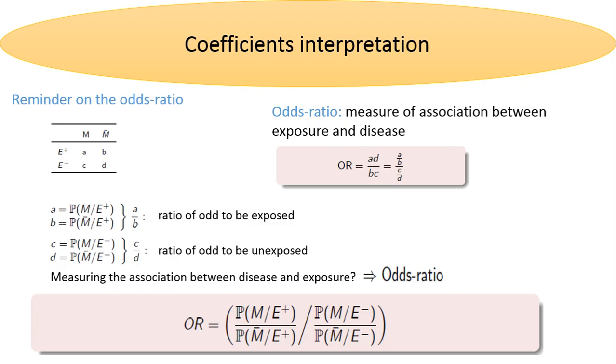The odds of exposed is the ratio between the probability of exposed persons that are sick and exposed persons that are not sick. And the odds of unexposed is the ratio between the probability of non-exposed that are sick and non-exposed that are not sick.